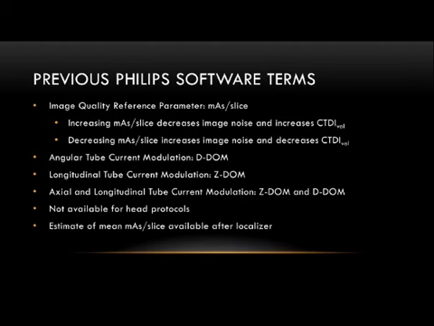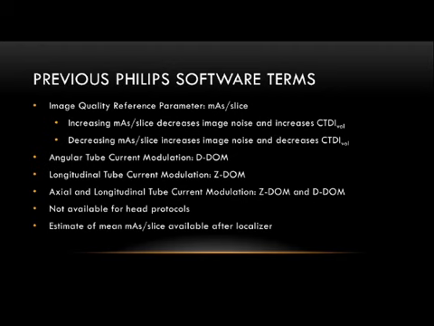Now, for Philips, at least I know for the mass per slice, that's the mass per slice that you set. That determines what the image quality is going to be like in a reference patient. Okay, so you set that, and that kind of sets what compared to the reference patient and what your current patient looks like.